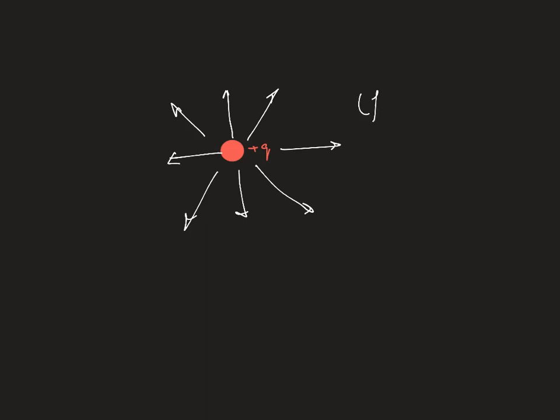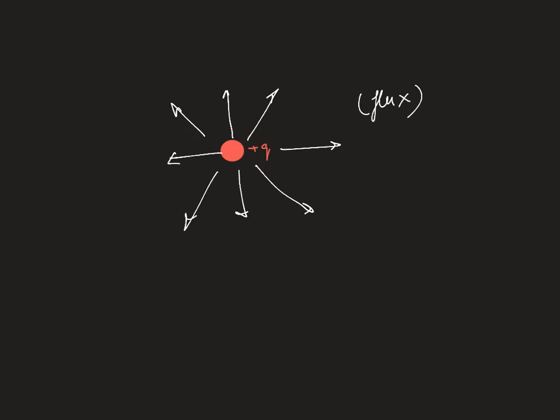So let's take our charge once again. This is our charge. Its magnitude is plus q, and as I said before, it is a point charge. Now it is emitting, as I told you, something. That something is what we call flux.